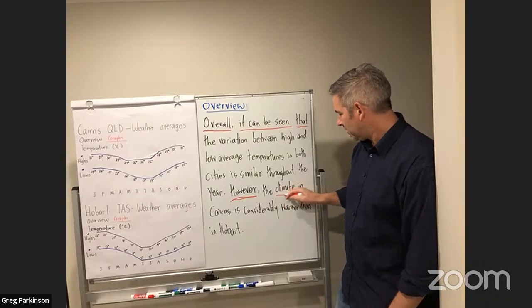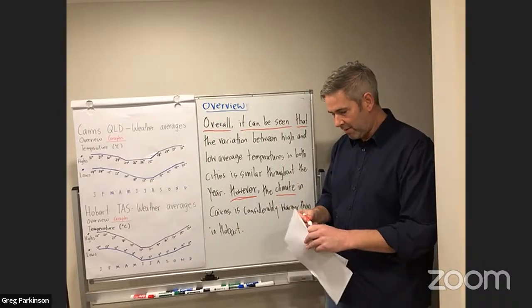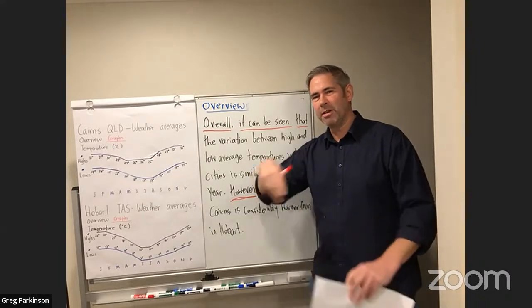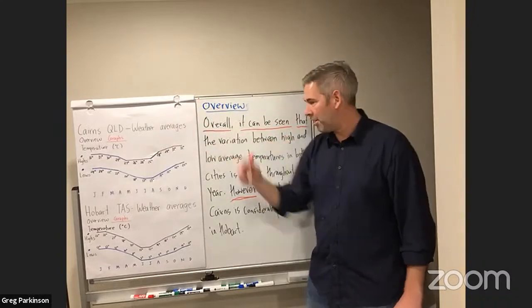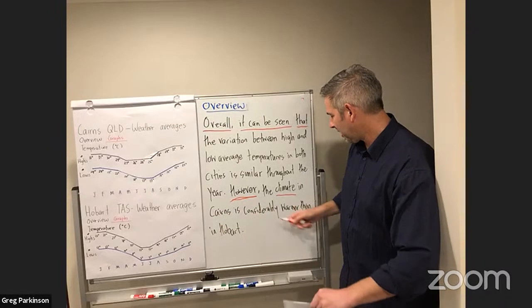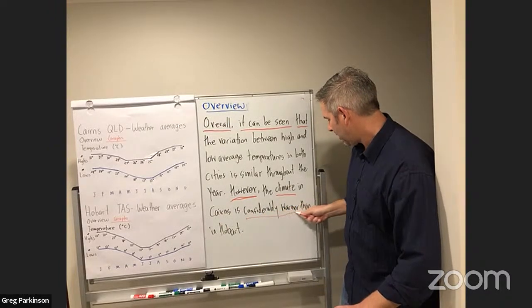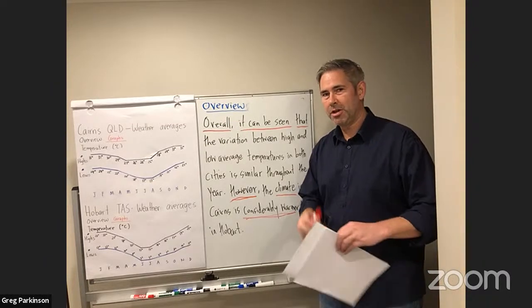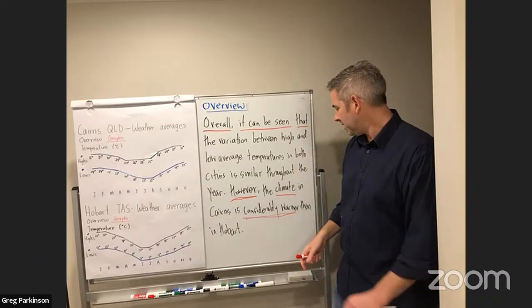So just want to use a more scientific word than weather. Weather is usually temporary, whereas climate is more over a longer period of time. The climate in Cairns is, here's a collocation, considerably warmer, right? So I want to show my use of collocations, right?